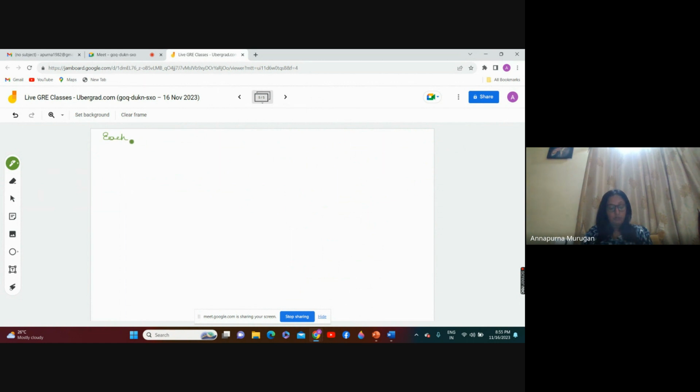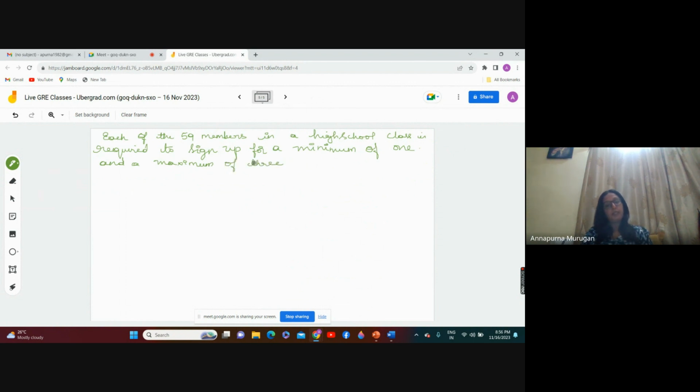Each of the 59 members in a high school class is required to sign up for a minimum of one and a maximum of three academic clubs.